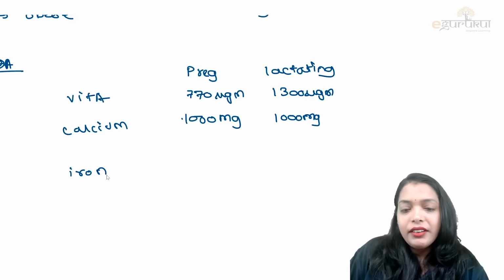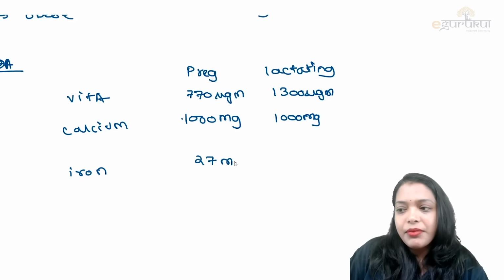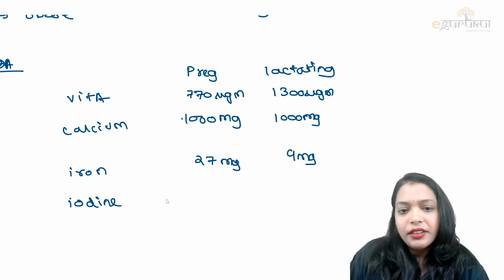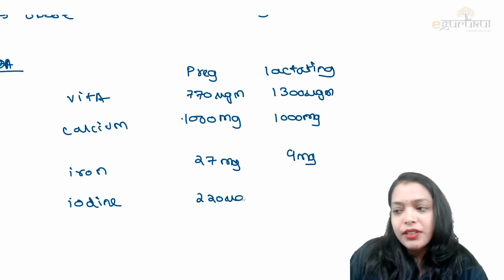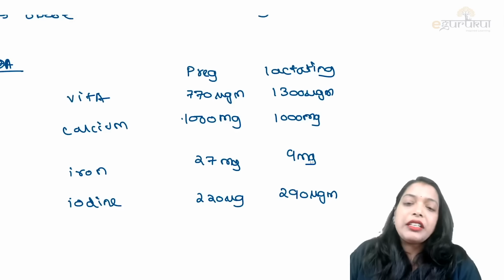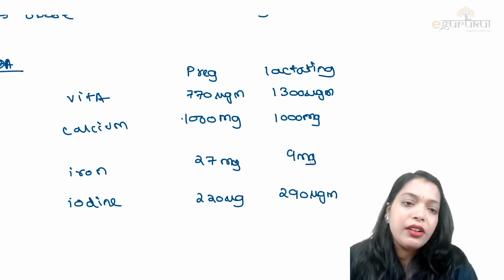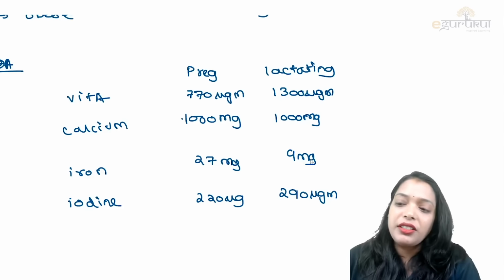Next, iron 27 milligrams in pregnancy, 9 milligrams in lactation. Iodine 220 micrograms, and in lactation 290 micrograms. So basically if you see, the vitamin A requirement in lactation is almost double. So vitamin A requirement in lactation will be doubled.